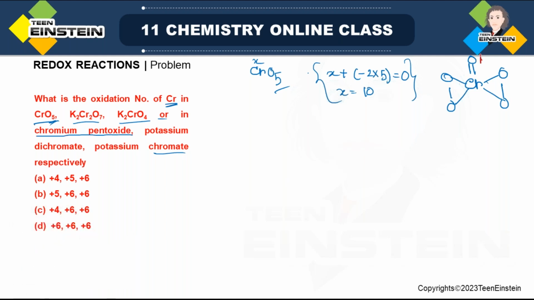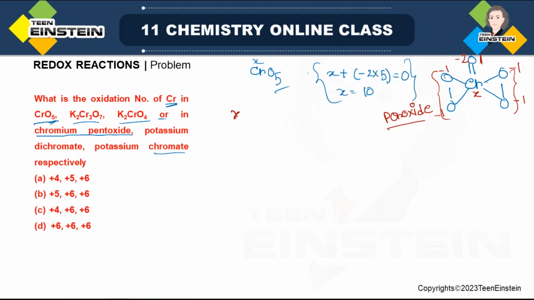This oxygen is one type, and these 4 oxygens are a different type. For this oxygen, it is basically -2. These oxygens have a butterfly type of structure, so these are basically peroxide. Remember, peroxide we will see in only some molecules, rare cases, but still these are special examples where a peroxide linkage is present.